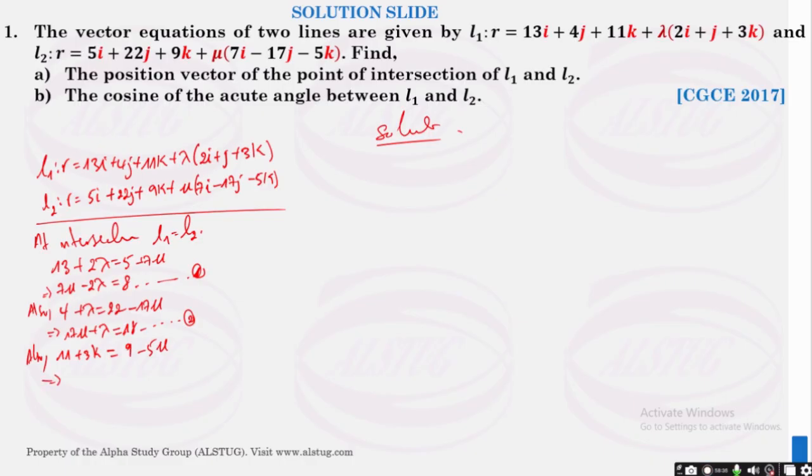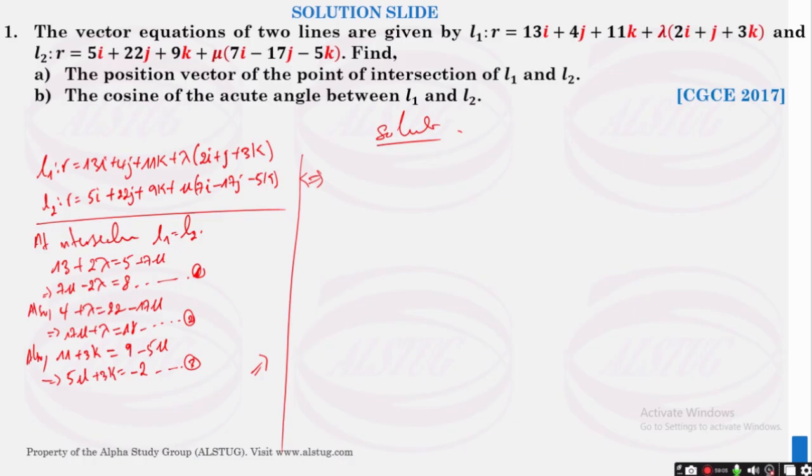Arranging it to a decent equation, we will have 5 mu plus 3k to be equal to negative 2. That's equation 3. So we can solve any pair of these 3 equations to get the correct value for mu and lambda.